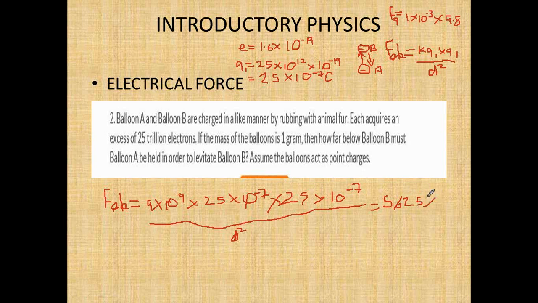Once you have a lot of 10 to the power, it's simple to solve that. So 10 to the minus 7 times 10 to the minus 7, you're going to add the exponents, so this will be minus 14.